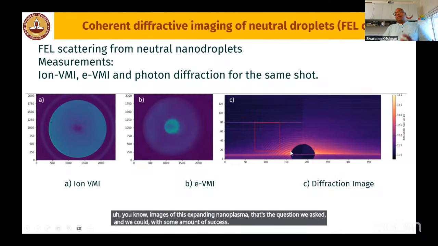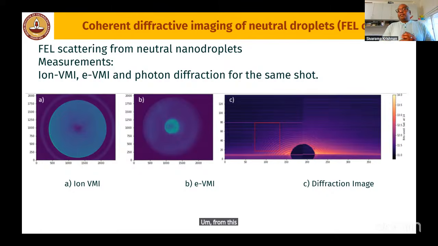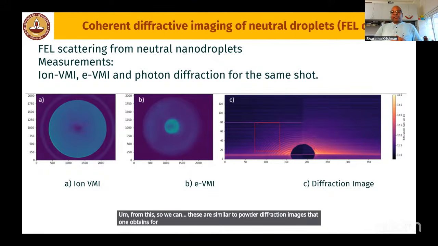Pictures in this kind of diffractive imaging don't look like pictures on our mobile phones. These are diffraction images, so we get rings from this. These are similar to powder diffraction images that one obtains for condensed phase or nanoscale samples.